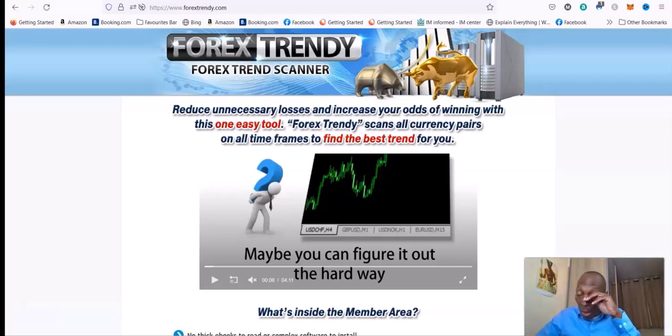It will scan all 34 pairs, not just the major pairs. It does the majors, the minors, and the exotics. So it does a full scan of all the pairs, and a scan of all the time frames. There are 9 different time frames that it uses, ranging from the 1 minute all the way up to the monthly.